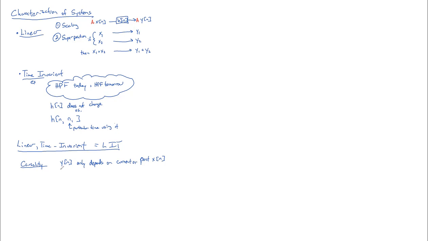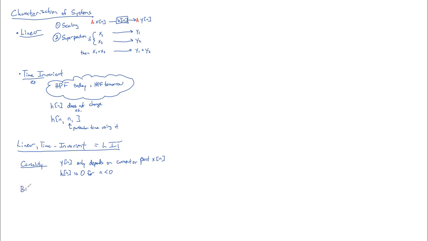An equivalent way of saying that is h of n is 0 for n less than 0. If you give it an impulse, its response only changes after you've hit it with the impulse. That seems like a no-brainer for a system in the time domain. But remember, in discrete time, n doesn't necessarily refer to time. It could refer to location or position, in which case you could have a non-causal system. When you throw a pebble at a pond, it moves ripples in both the right and the left direction.